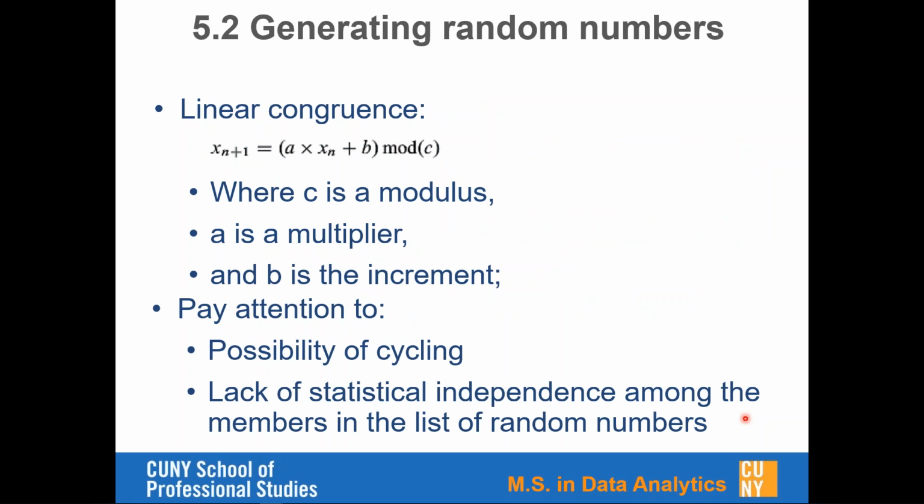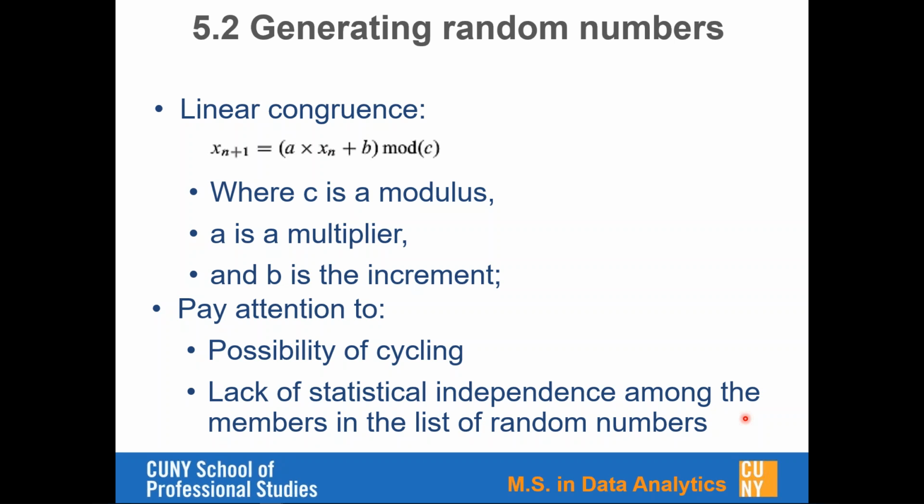Another approach is called the linear congruence methodology. This is to say that the next number is hinged upon the current number: a times the current number plus b, mod c, where a, b, c are constants. In this case, c is called the modulus, a is the multiplier, and b is the increment.